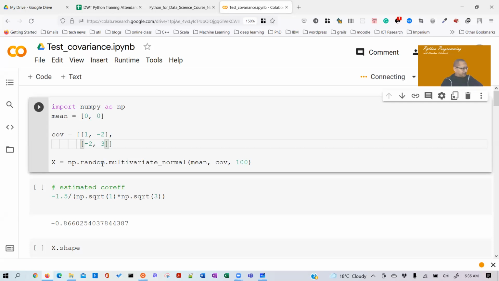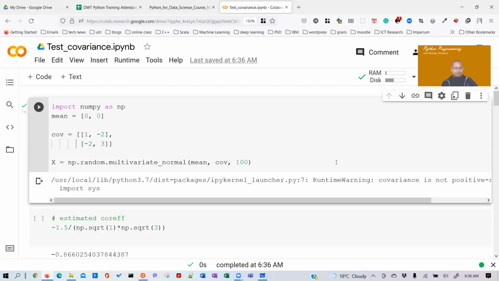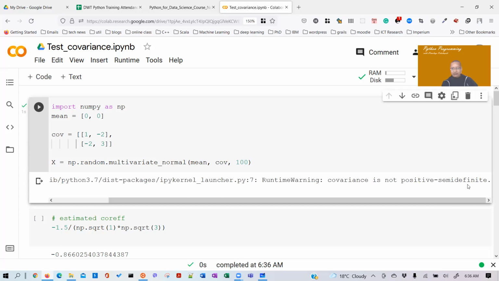So it's connecting. Okay, it's connected. If I run this, yes, covariance is not positive semi-definite.